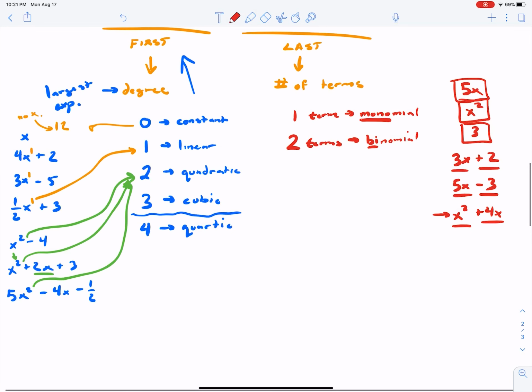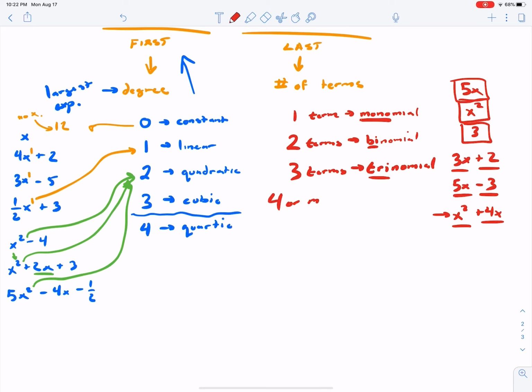Okay, let's keep going. 3 terms. Can you guys guess what that is? Okay, 3. Kind of like bicycle with 2 wheels. 3 wheels would be a tricycle, or in this case, a trinomial. All right. Now, when you get to 4 or more, it's really just a poly, meaning many, nomial.